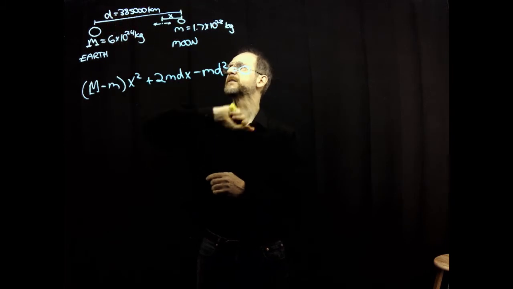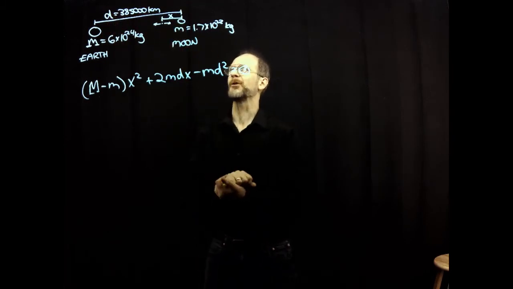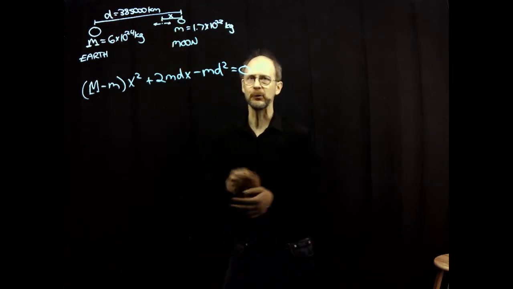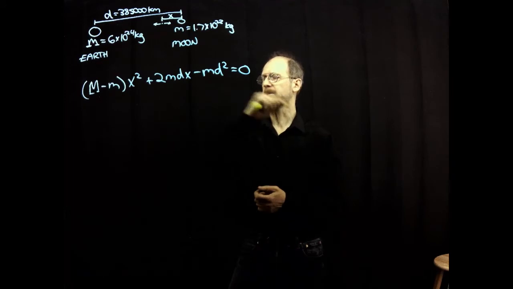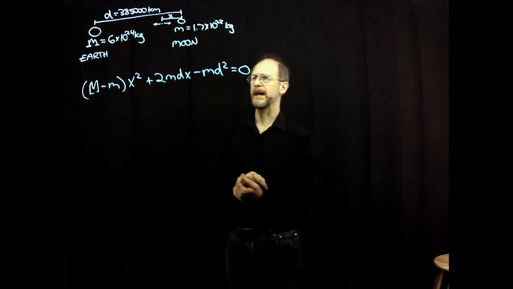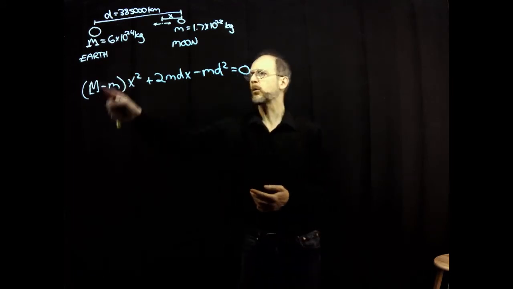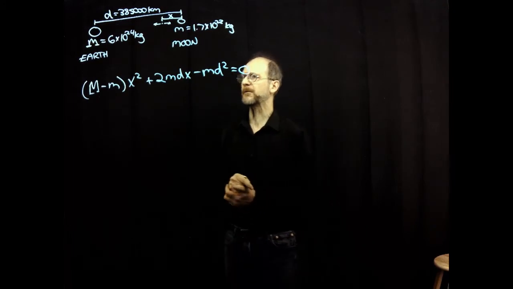D is the distance from the Earth to the moon. X is what we're trying to find, by the way, the distance from the moon where we have this gravitational balance. And then this constant of negative m times d, that's a little m, the moon's mass. So this is an equation in quadratic form.